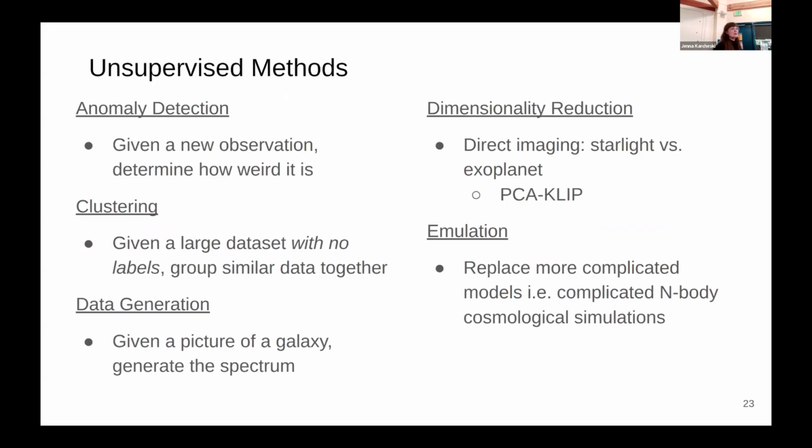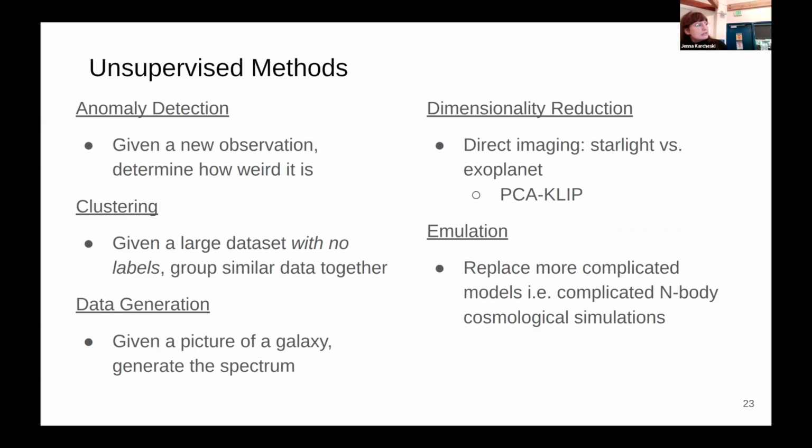So the first one, close to my heart, is anomaly detection. I personally work on the detection of anomalous transients. So when we see a light curve or a new transient pop up in the sky, determining whether or not it's anomalous is important for determining whether it's worth following up.